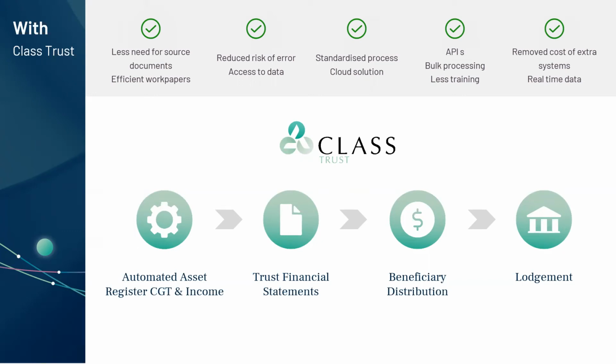And lastly, the comprehensive tax reconciliation reporting will give you all the data you need to finalize the trust tax return. Class Trust will help standardize processes, reduce the risk of errors, automate those routine admin tasks, and it gives the accountant more opportunities for strategic advice throughout the year and really creates that foundation for a compelling and scalable service.